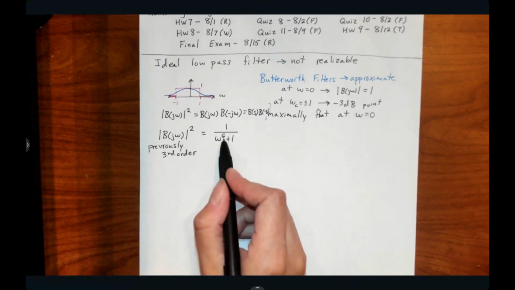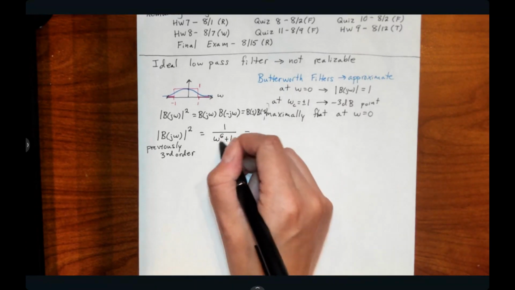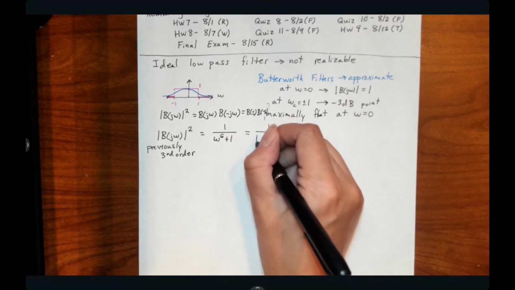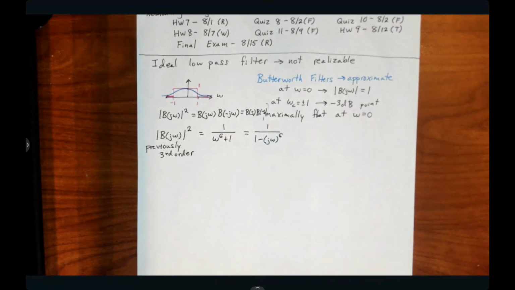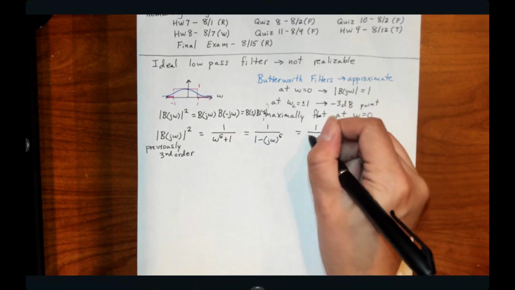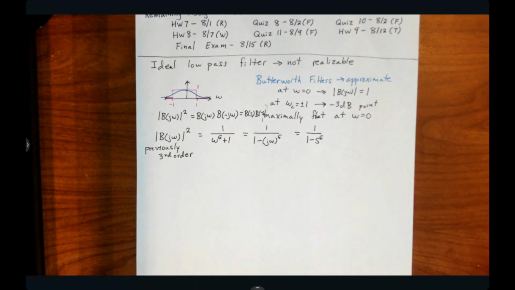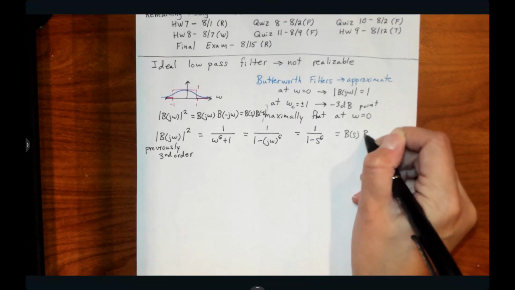So what that means is that we need to get a j in here somewhere. And so if we substitute j omega into this omega, then we actually end up getting a minus sign to account for all the multiplications of j that we have added in here. And then once I have it in this form, I can substitute s for j omega. And so this is equal to B of s, B of minus s.